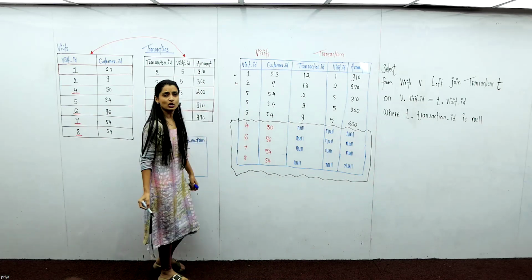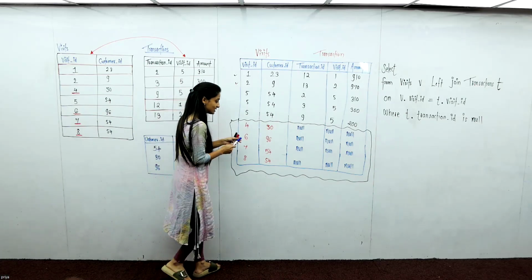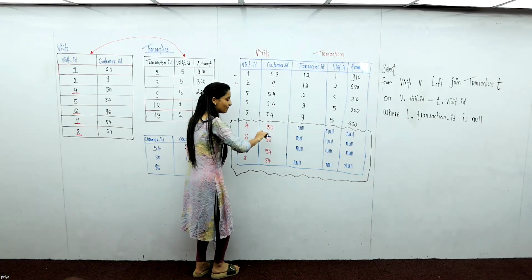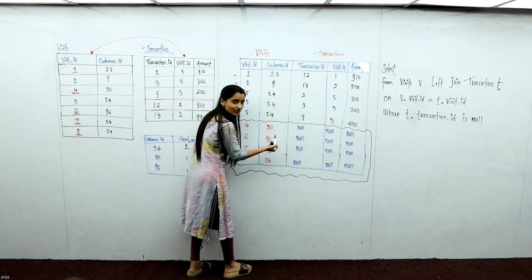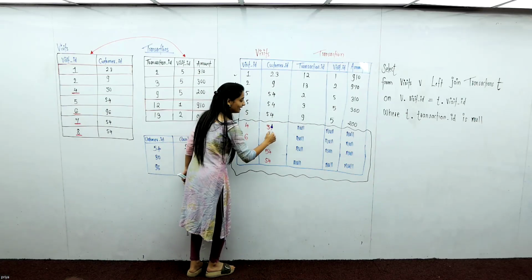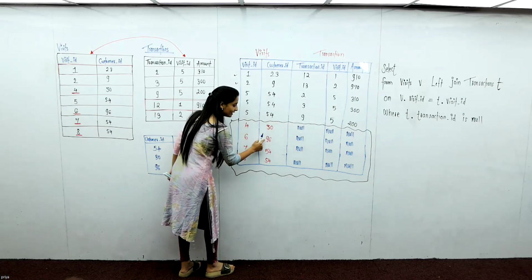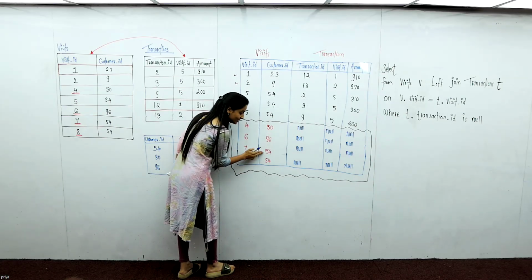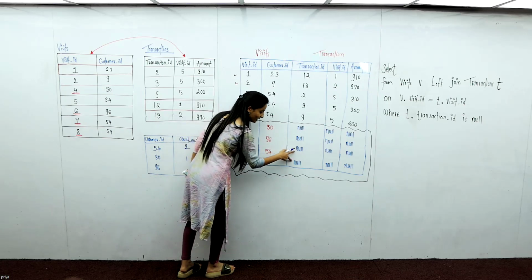From this, what do we want to return? We want to return the customer IDs who visited, but do not have any transaction record for that visit. So 30 visited one time, only one time, and this customer 30 does not have any transaction record. 96 visited one time, no transaction record. 54 visited 2 times and does not have any transaction record.